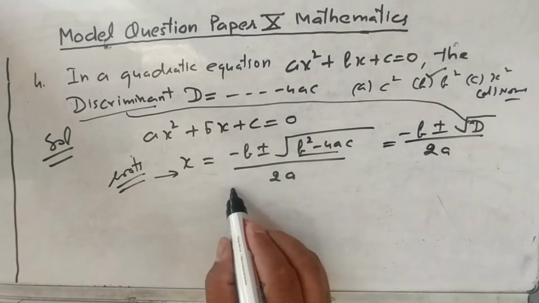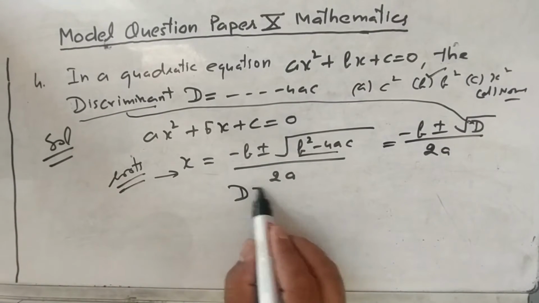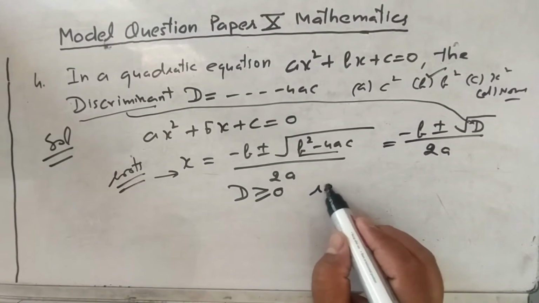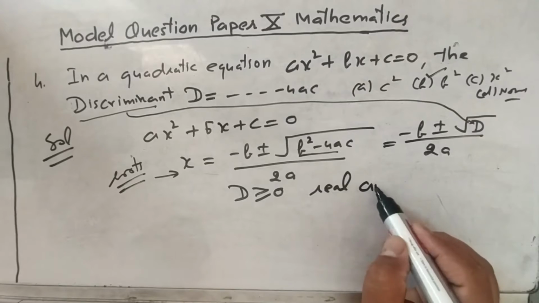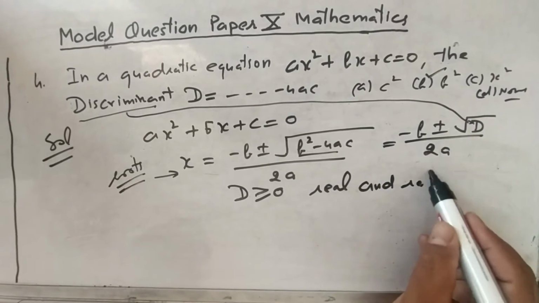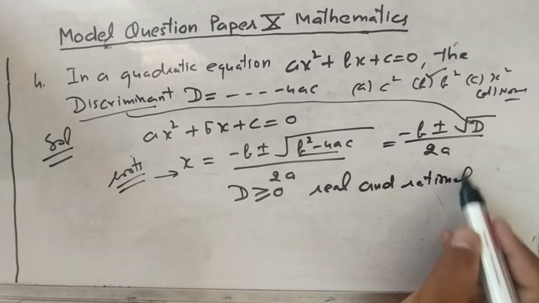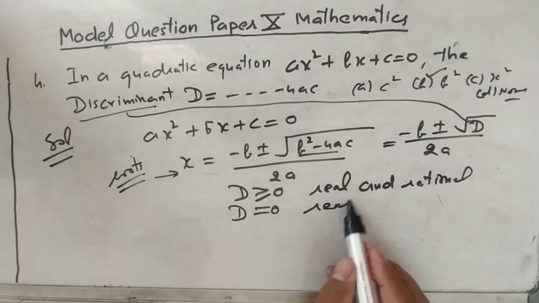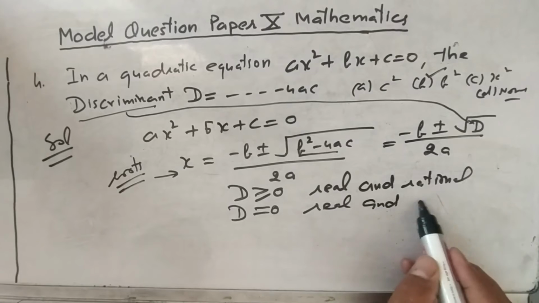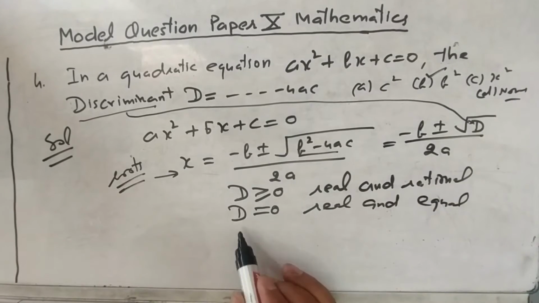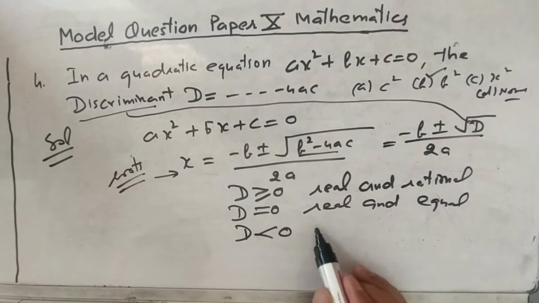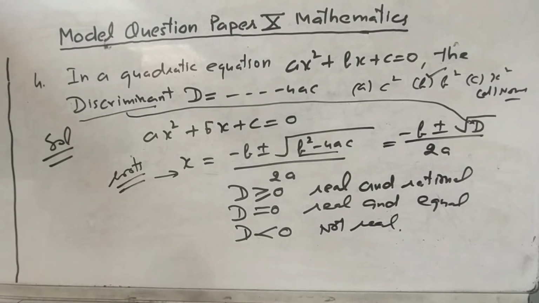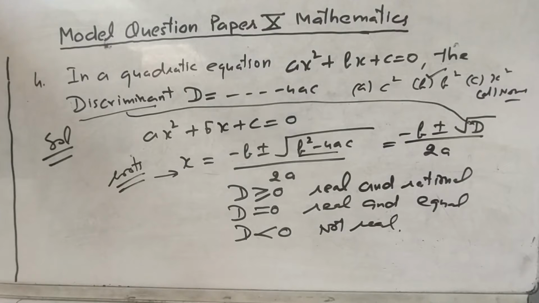Children, one more thing, when this discriminant is greater than or equal to 0, roots are real and rational. Remember, when discriminant is equal to 0, roots are real and equal. When this discriminant is less than 0, roots are not real. That you study in your plus 1 class, but this is question number 4.